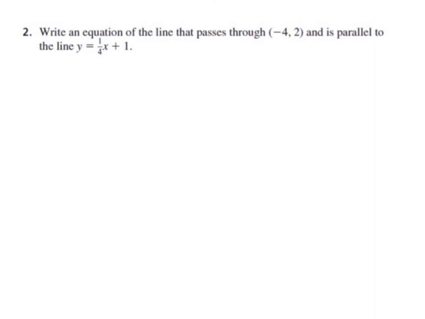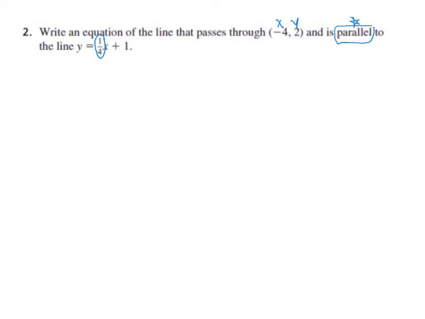In my second you try problem, I'm supposed to write the equation of the line that passes through the point -4, 2 and is parallel to the line y equals 1/4 x plus 1. Okay. So what I have to know, if it's parallel, that's the key information it gave me. That tells me I also, in addition to knowing an x and a y, I know my slope, my m.